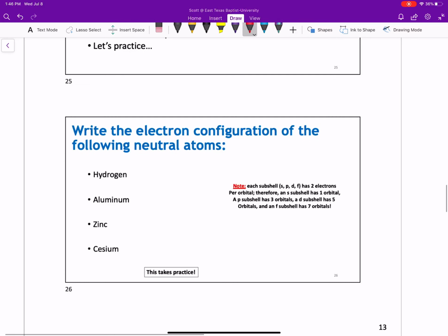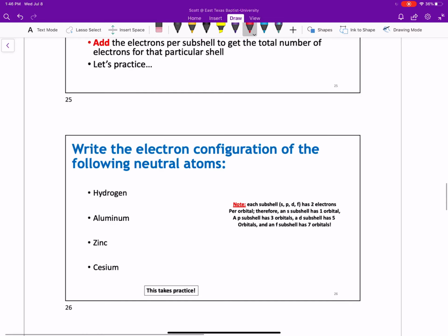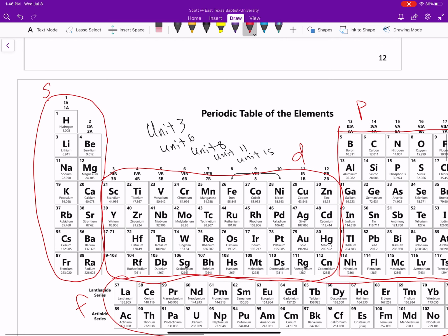So let's see what we're looking at. Write the electron configuration of the following neutral atoms. And so hydrogen. Let's go up and look at hydrogen on the periodic table. I'm going to highlight it for you. There it is right there. And notice that hydrogen is in the S subshell, and it has a 1 for the shell number.